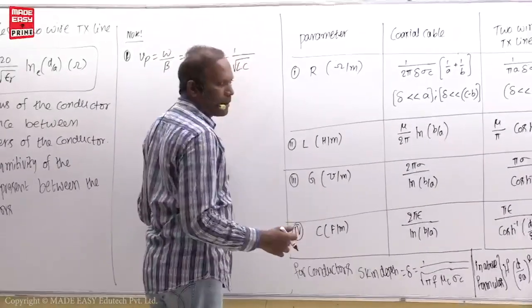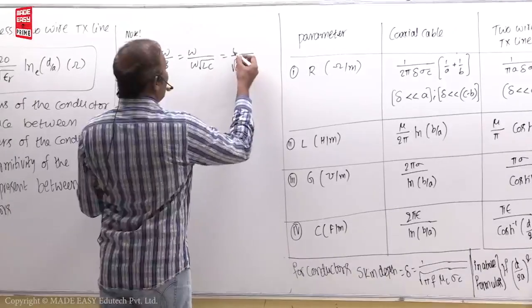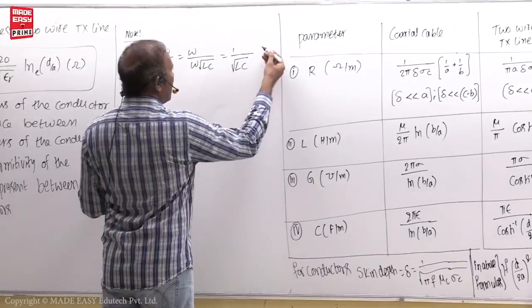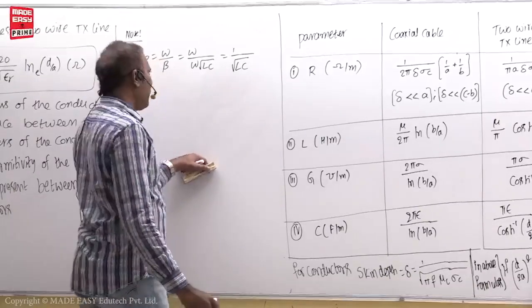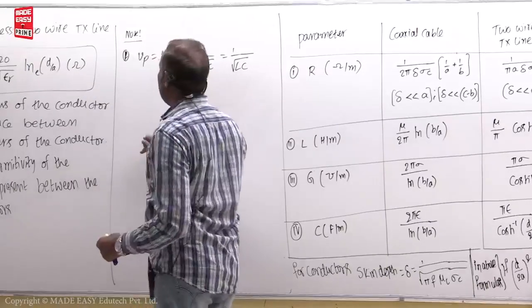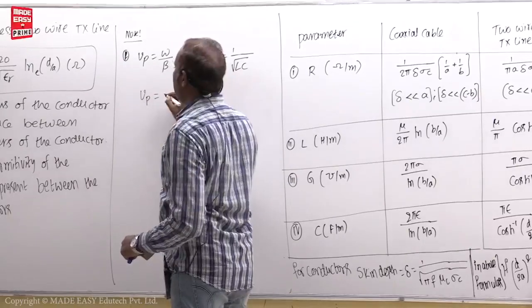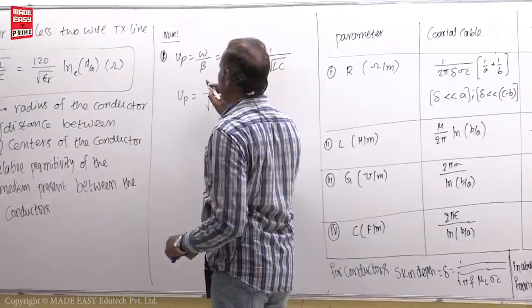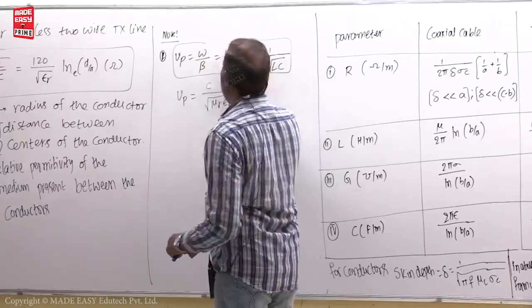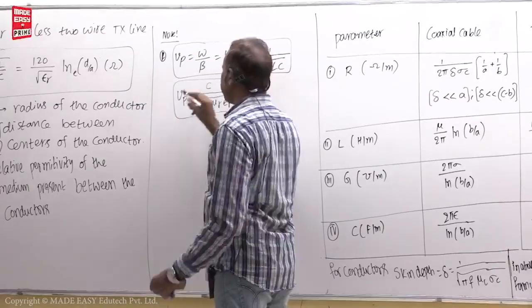You get mu epsilon. So that is why 1 by root LC is also equal to 1 by root mu epsilon. So that's what we got in the uniform plane wave. So that phase velocity is nothing but c by root mu r epsilon r also comes. So that is also applicable here.